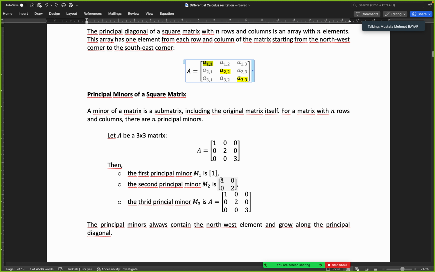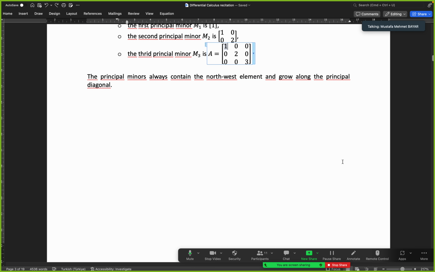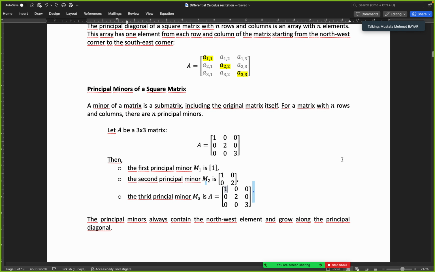The second principal minor is the first neighbors around the northwest element. The third principal minor is the first and second neighbors around the northwest element, and it goes on and on until you get the whole matrix. So this was the linear algebra essentials for our course. Do you have any questions about this part?